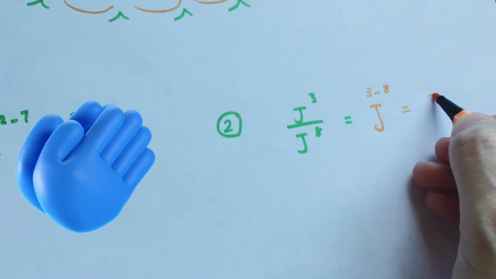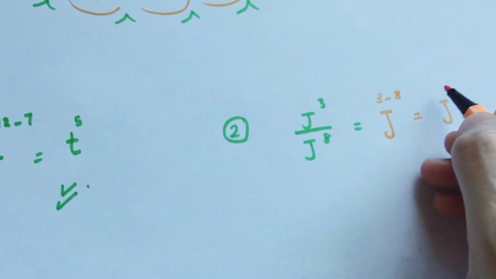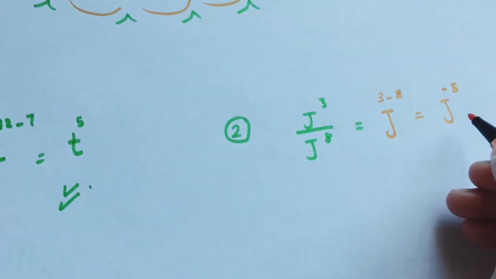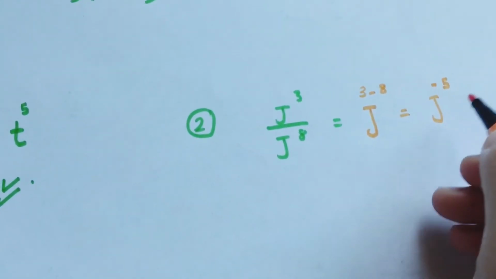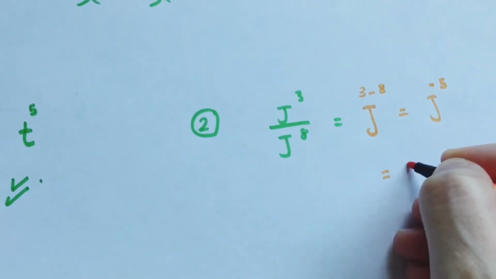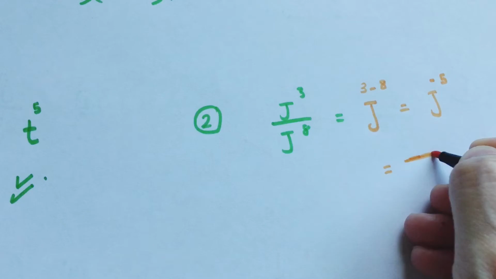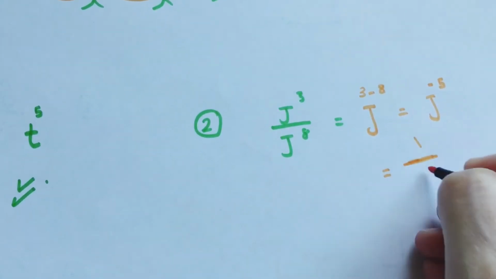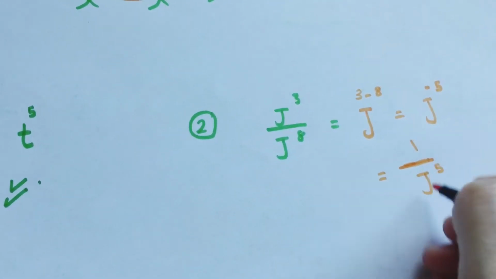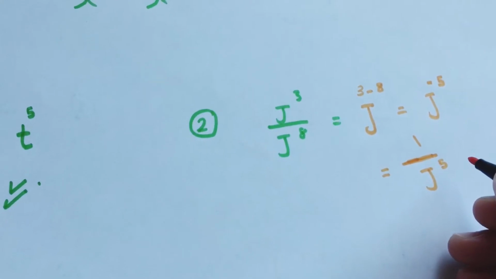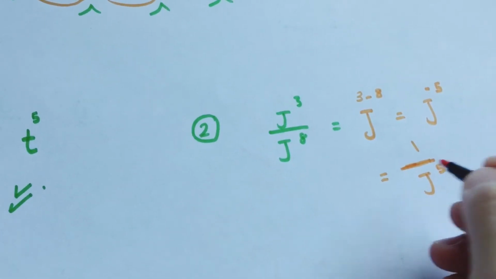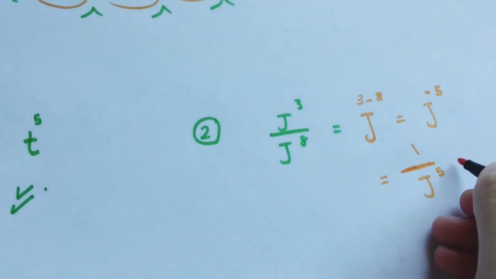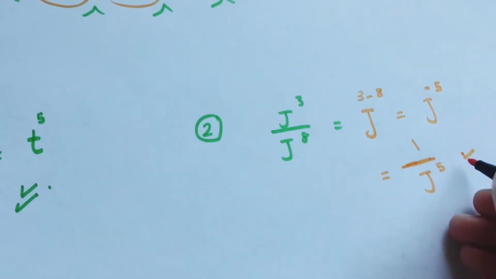Now it will be j. 3 minus 8 is negative 5. Now I cannot leave it negative because this is not the simplest form, so I'm going to bring the j down. It will be 1 over j to the power of 5. This one is related to the lesson on negative exponents that I will leave in the description box. Okay, done.